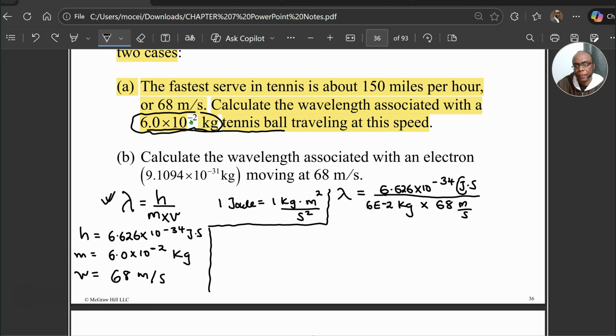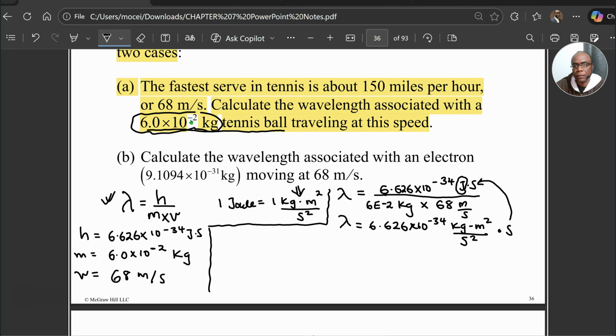Now, I need to write that joules in this form. So my wavelength is going to be equal to 6.626 times 10 to the power minus 34. Where the joules is, I'll put kilogram meter squared over second squared, and then times this second here.